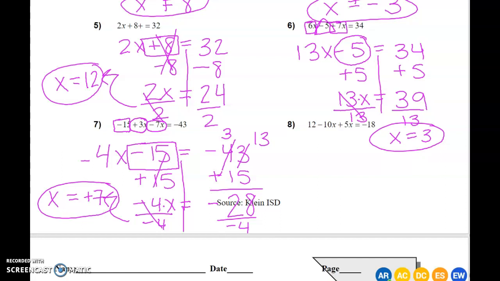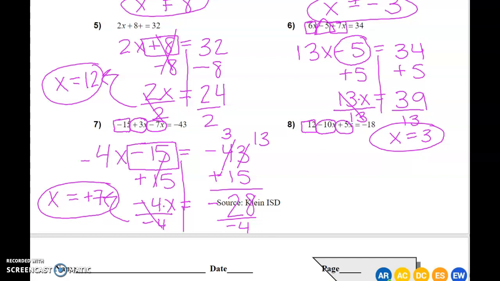Okay. And now I'm going to do the same thing for number 8. So I have this 12 here, and I can't combine it with anything because I have no other constant or number by itself that I can combine with it. But I can combine this negative 10x and this 5x because they have the same variable, x, and they have the same exponent, which is 1. So when I combine these, negative 10x, positive 5x, well, those are different signs.